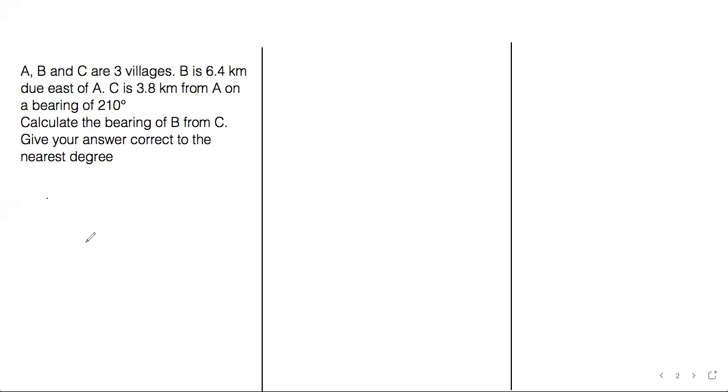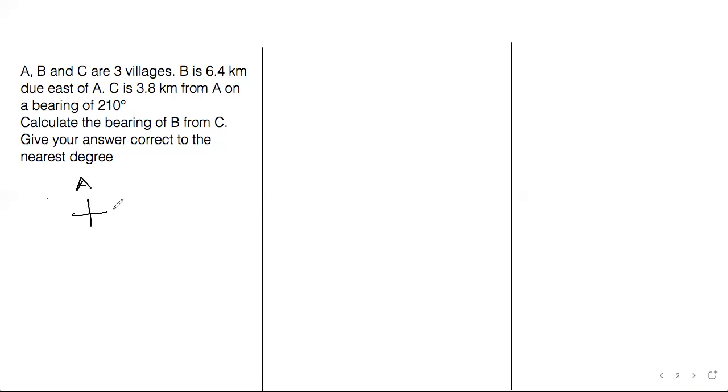We first have to draw the diagram, so we eventually get a triangle. Now let's locate the villages. B is 6.4 kilometers due east of A. So let's say my point A is here. B is 6.4 kilometers due east.